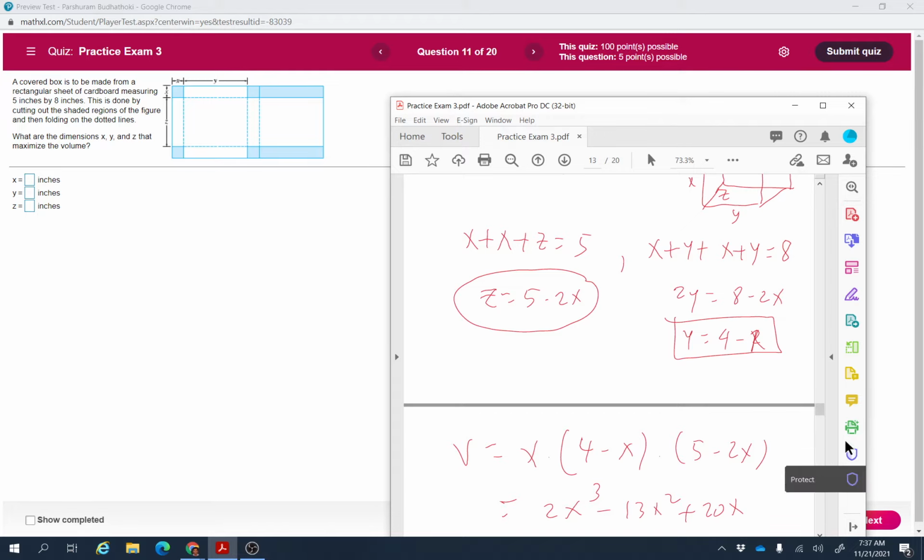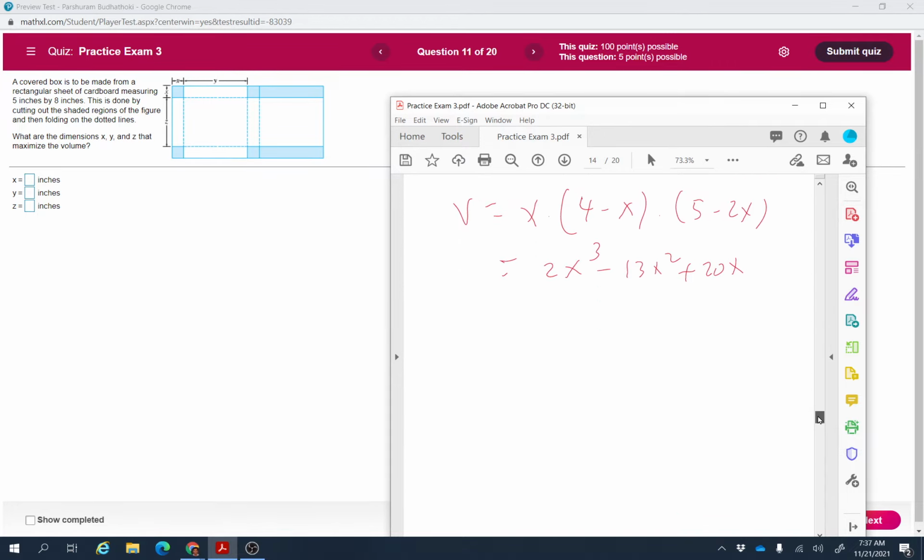Okay, so now we know that volume is a function of x, and we want to find out where this volume would be maximum. For that, we're going to use the second derivative test. So find the first derivative, which will be 6x squared minus 26x plus 20. Find the second derivative, which will be 12x minus 26.